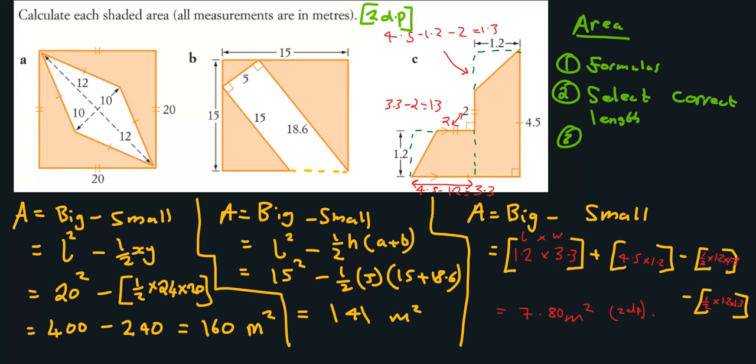Just to give an example, we've got a triangle and we've got the distances 2, 3, and let's go with 4.